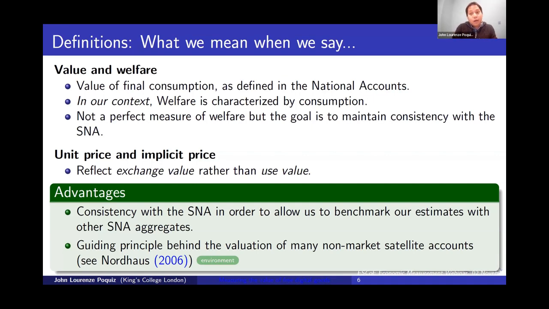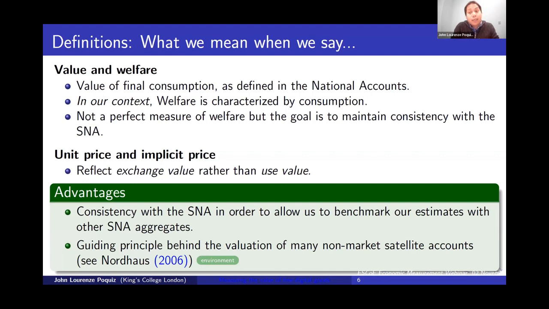And whenever we talk about welfare in this context, we're limiting our characterization of welfare to consumption. I understand that this is not a perfect characterization of welfare. However, this allows us to maintain consistency with the national accounts.